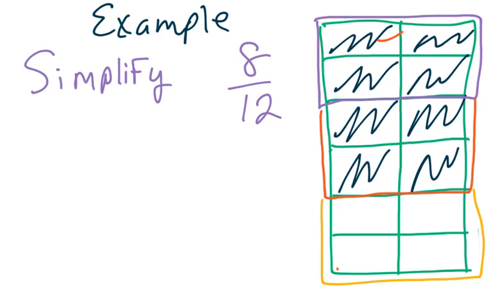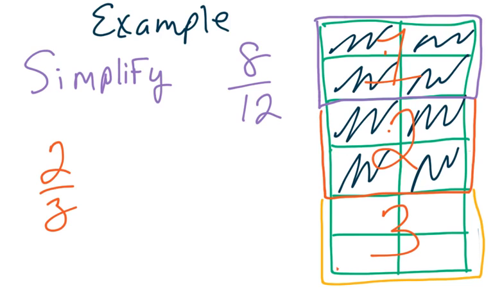There we go. Now I have 1, 2, 3 parts. And out of those 3 parts, I have 1, 2 shaded in. So when I simplify 8/12, I can simplify 8/12 to 2/3. So it's 2/3 reduced or simplified.